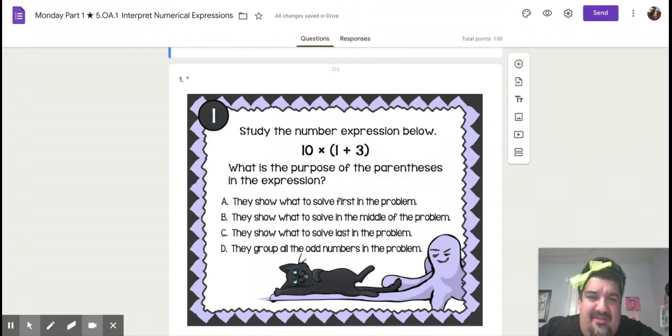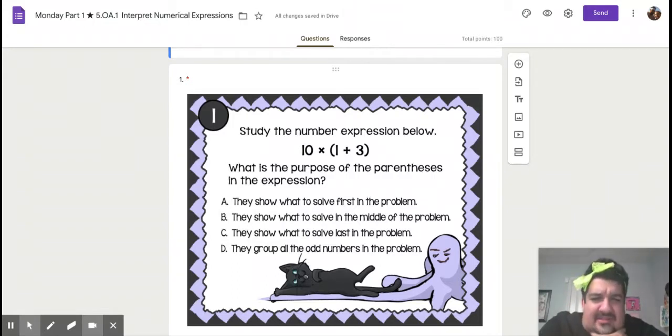They show what to solve in the middle of the problem? Does that make any sense? They show what to solve last? What does that even mean? They group all the odd numbers together? Maybe in this case, because 1 and 3 are odd. So it's either A or D.